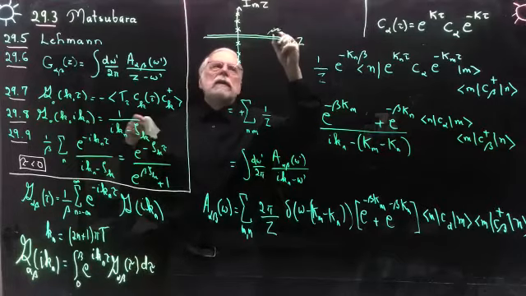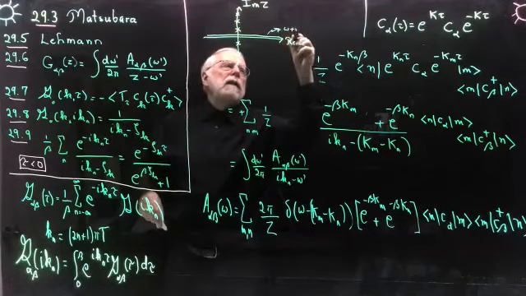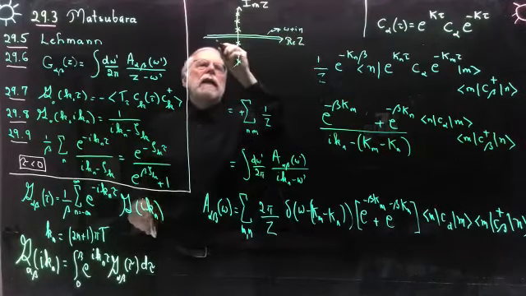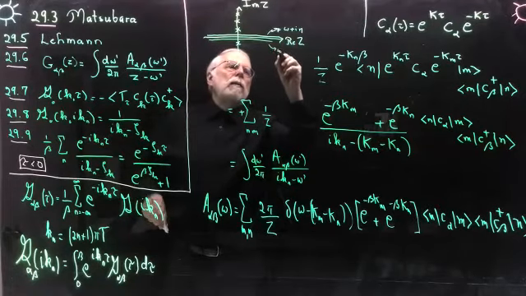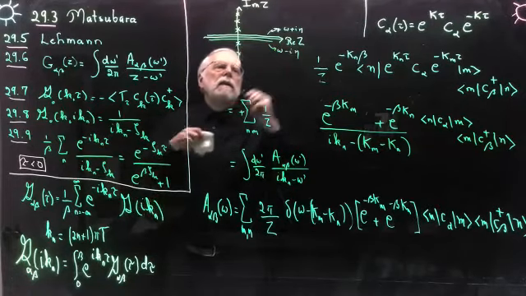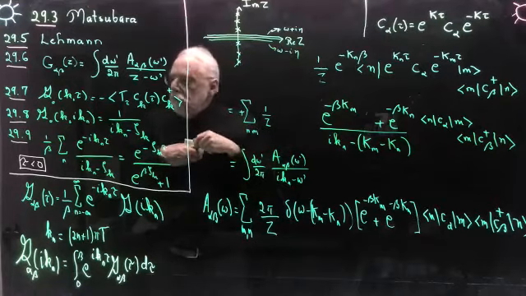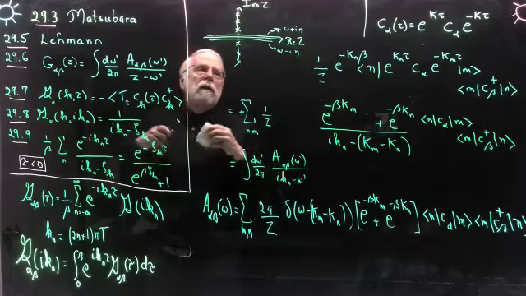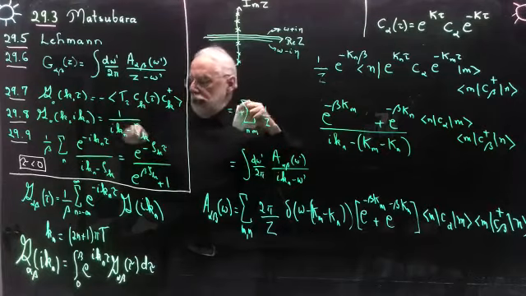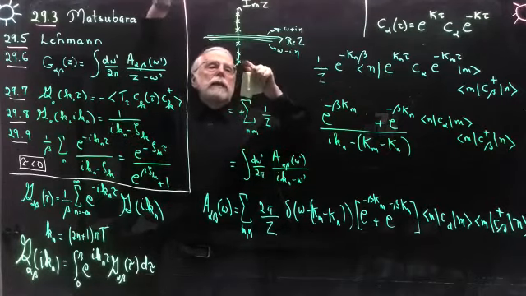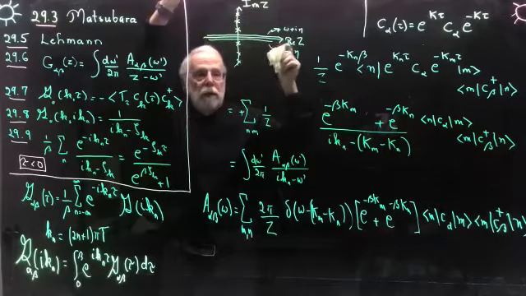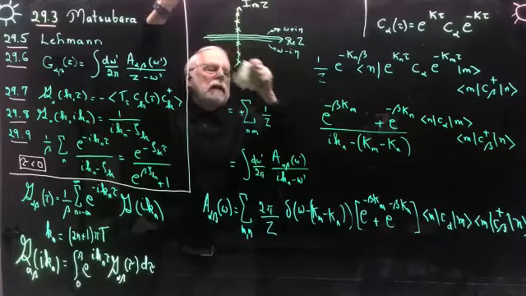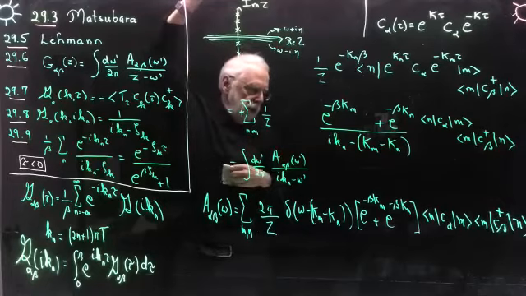So it is this function evaluated at omega plus i eta. And the advanced function is defined at omega minus i eta. So if we do a calculation in Matsubara frequencies, we get the results at this point. And when we have observables, we want to find them on this point.